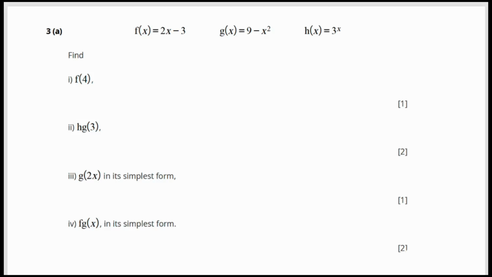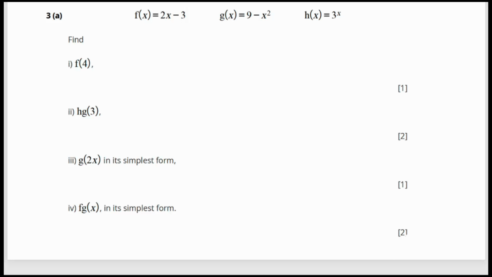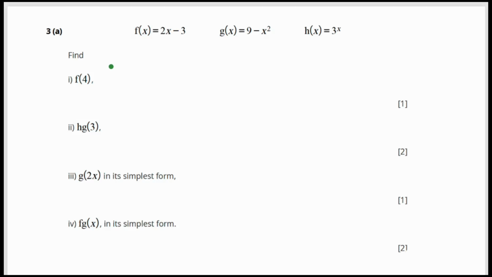Now, whenever we see something like f bracket 4 bracket, it means we must substitute 4 into the function wherever we see x. Now, our function is f of x is equal to 2x minus 3. So now, let's do that. f of 4 is equal to 2 multiplied by 4.